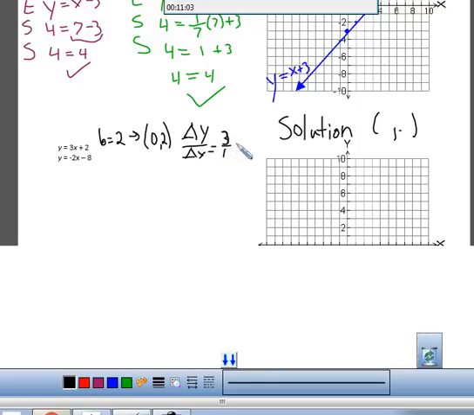Or, remember, negative 3 over negative 1. So you're going to use this to plot points. The other one is b equals negative 8, which is the point 0, negative 8.